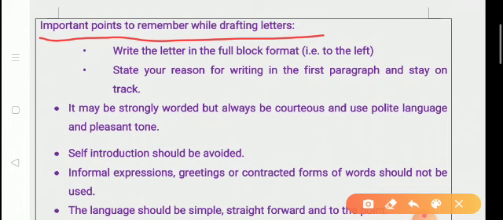We write letters in full block format. Nowadays we don't use the old format; we use block format, meaning we start from the left side and write all the format part on the left-hand side only.